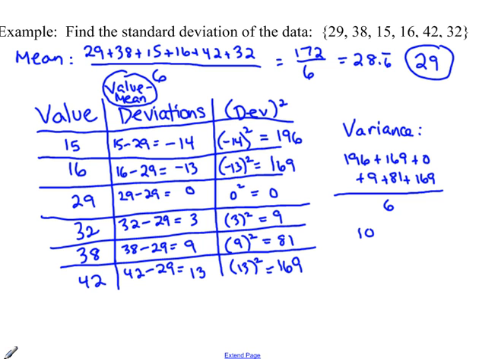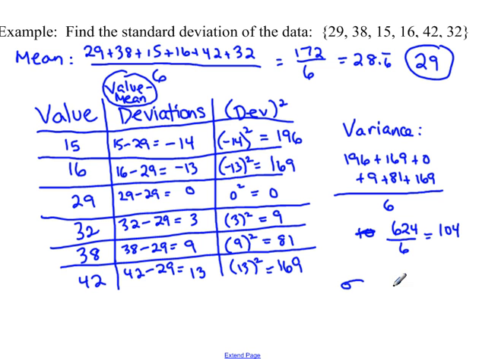Oh, hang on, that's not right. Okay, the sum is 624. 624 divided by 6 gives you 104. So that's your variance. And now find the standard deviation.